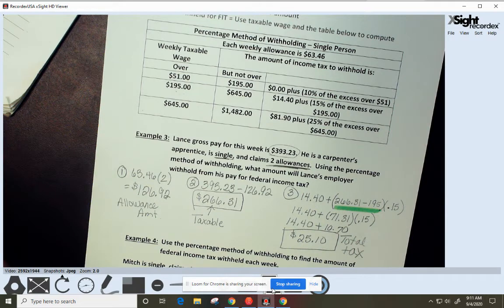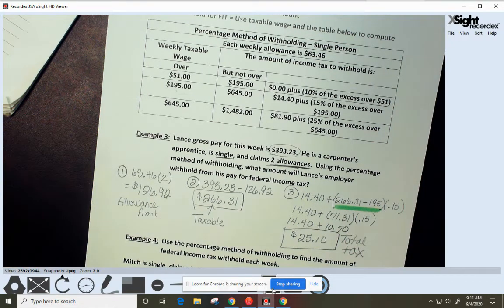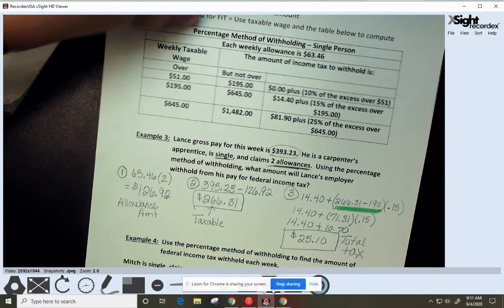But it is good to know how to do that so that you will understand where they're getting their numbers. So if it doesn't quite look right, you can always go back and ask them about it, because that computer or that program is only as good as the person that is operating it.